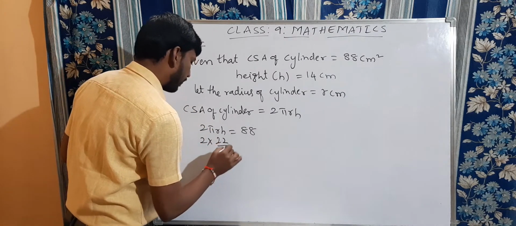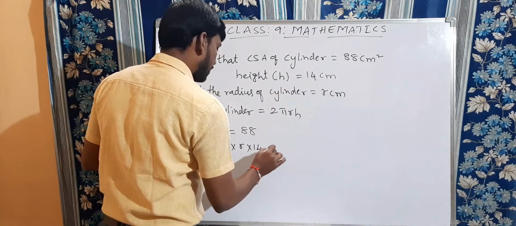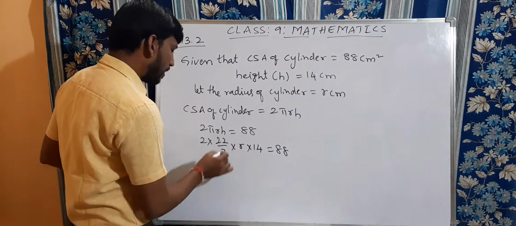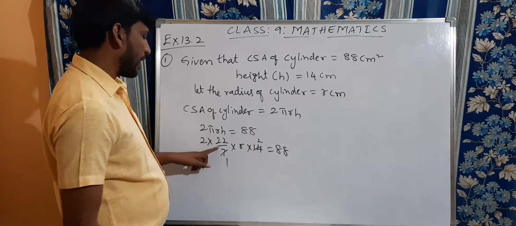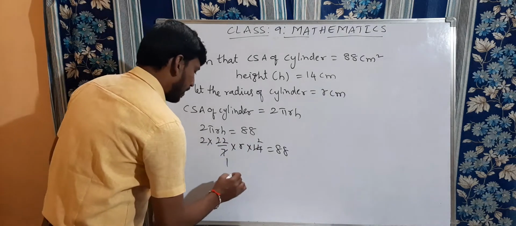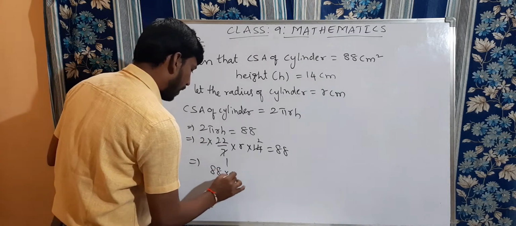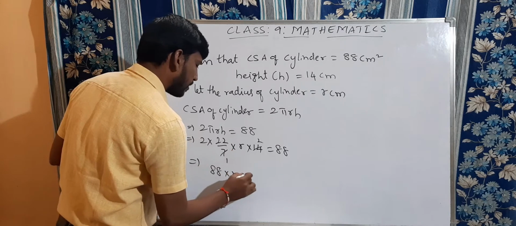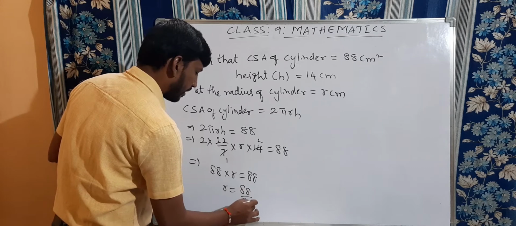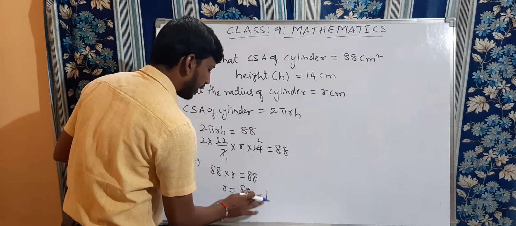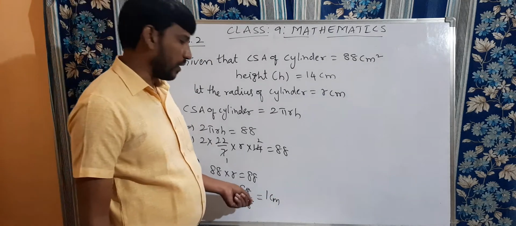So 2 into 22 by 7 into r into h, which is 14, is equal to 88. 7 twos are 14, 2 22s are 44, 44 twos are 88. Which implies 88 into r is equal to 88. Now r is equal to 88 by 88, by cancellation you will get 1 centimeter. So we got the radius of the base equal to 1 centimeter.